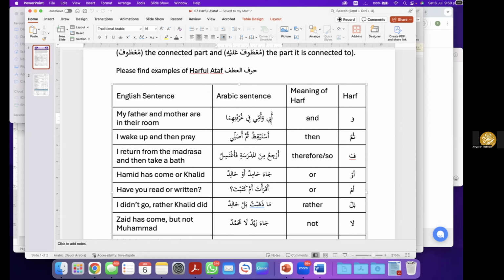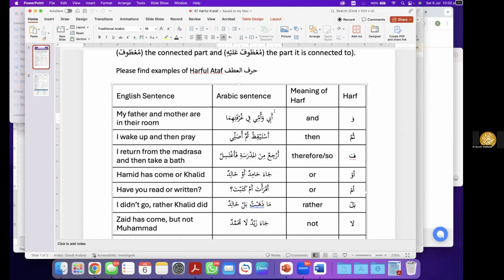Good, very good. For ease, we should say first, this is harful ataf. Harful ataf is connecting ma'tuf to ma'tuf ala. We talk about this first because this is the primary element here. This is being connected to that.